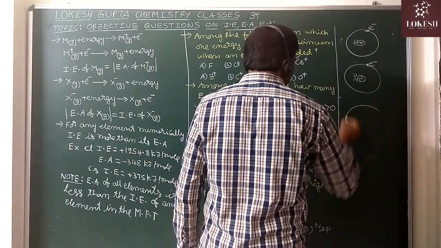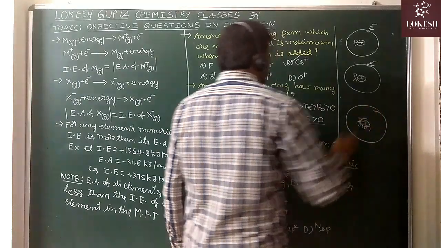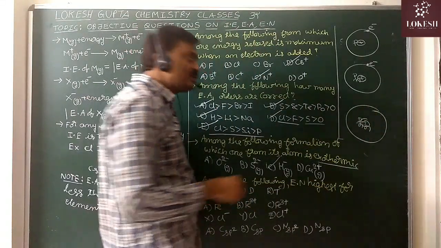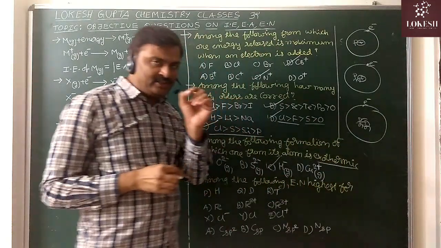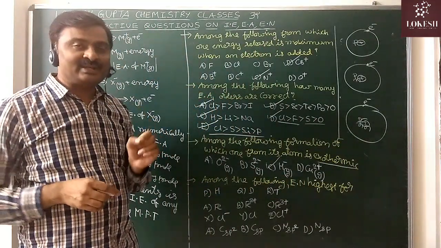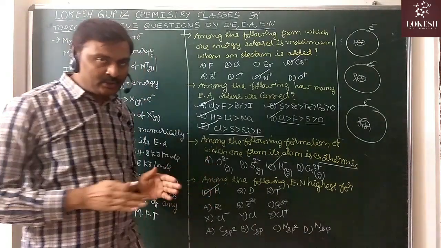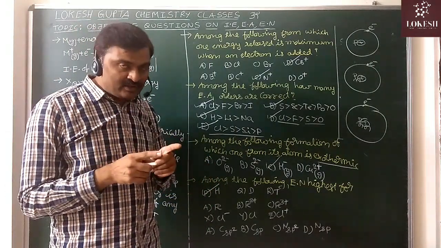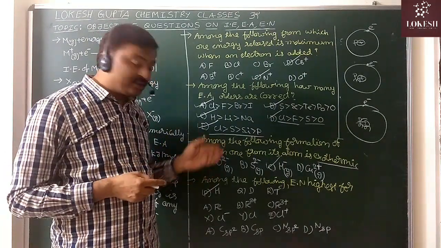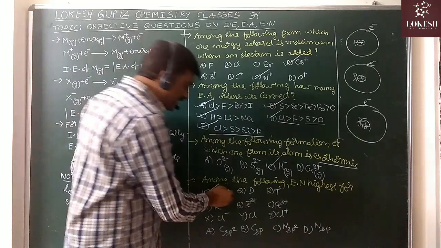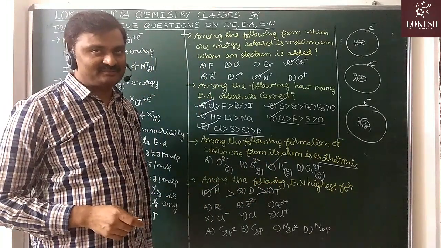Next, tritium, here in the nucleus one more extra neutral particle, neutron, is added. So that's why the electron attracting tendency decreases very, very little bit only. So electronegativity is more for hydrogen. So the electronegativity order: hydrogen, or you can call it protium, greater than deuterium, greater than tritium. It is the electronegativity order.